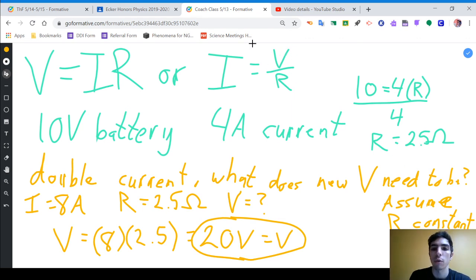So whatever happens to voltage happens to current, just like it would for a numerator. But for our denominator, whatever happens to resistance, the exact opposite happens to our current. So these are some slightly more complicated ways to use Ohm's law and relationships shown here, but if you have a strong grasp of what these relationships are showing, then I think you'll be able to solve these problems even without some of these math steps that I did here.